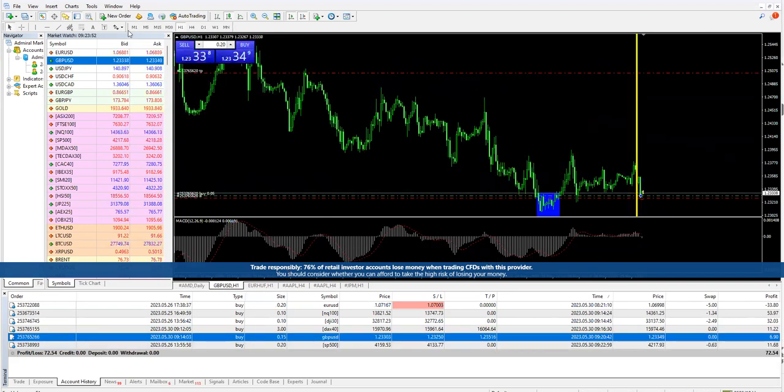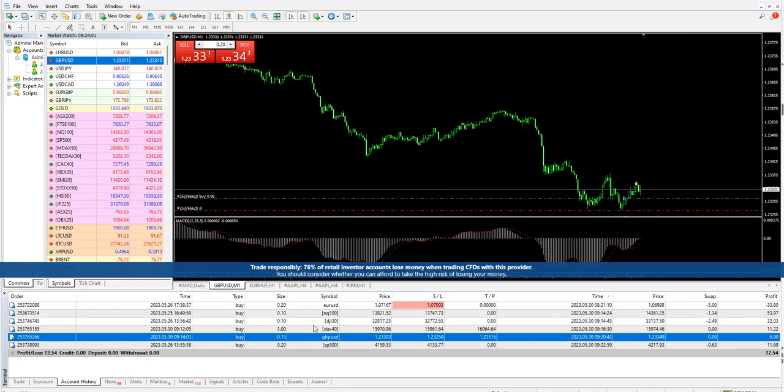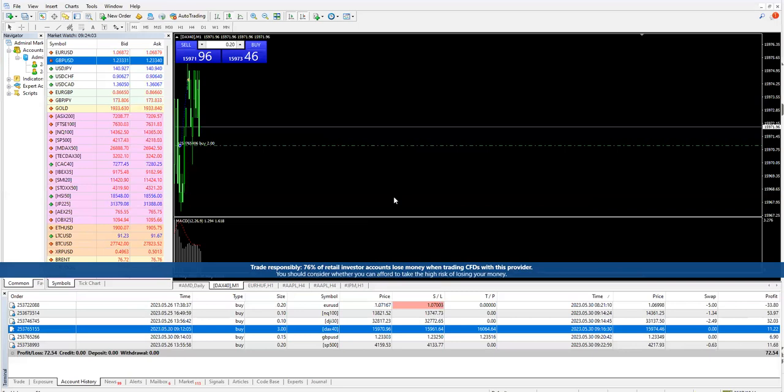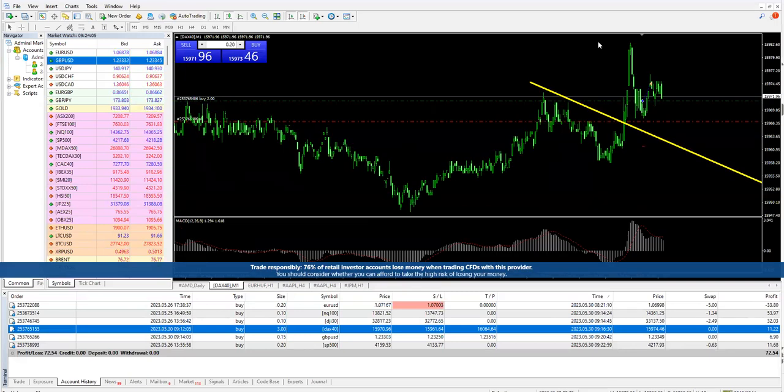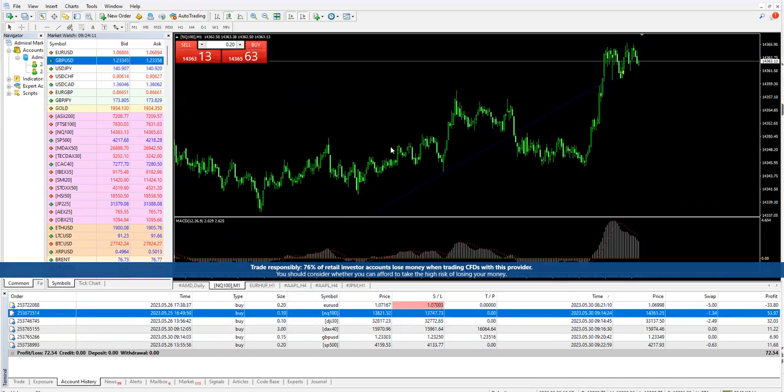Let's check GBP USD. It was today's day trade. It's a double bottom, W. And you can see it was working. And we have had this DAX position, breakout, pullback, partial closing. And we had NASDAQ position. Let's check it on M15.